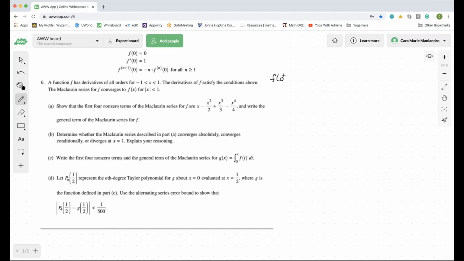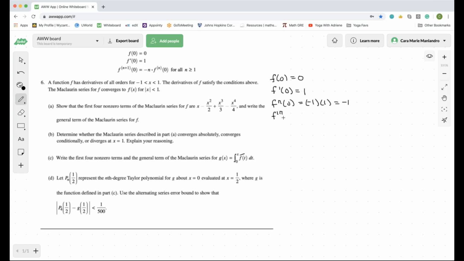All right, so what is f of 0? Well, I don't have a constant term, so it's 0. All right, what is f prime of 0? Well, it's 1. All right, and then f double prime of 0 is -1 times 1, which is -1.